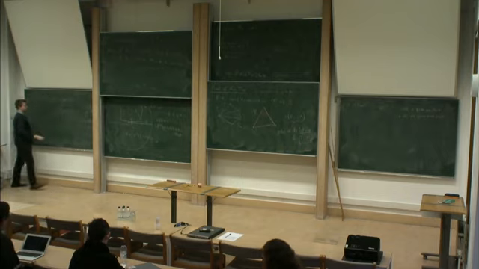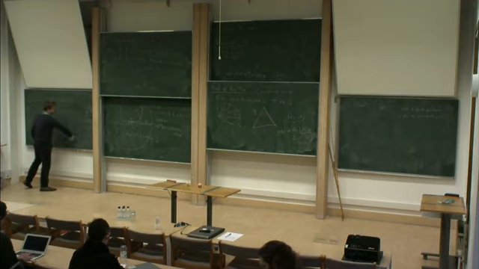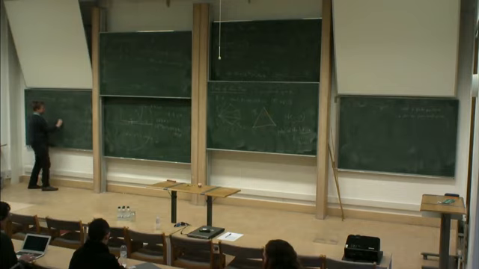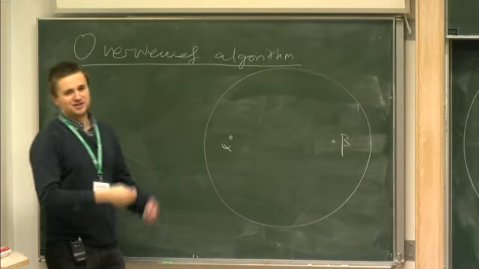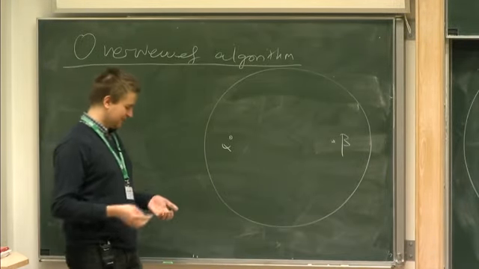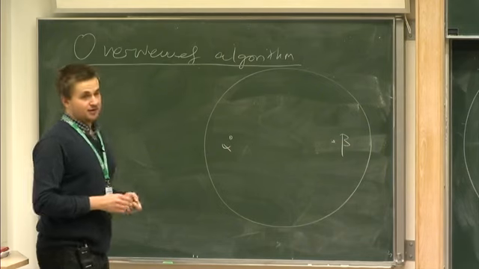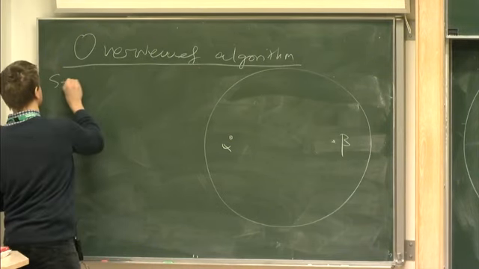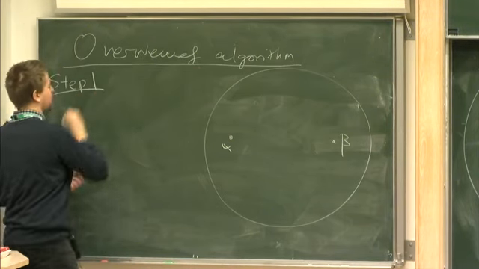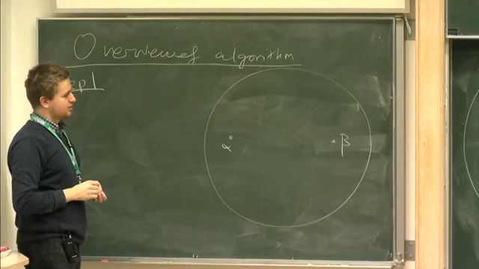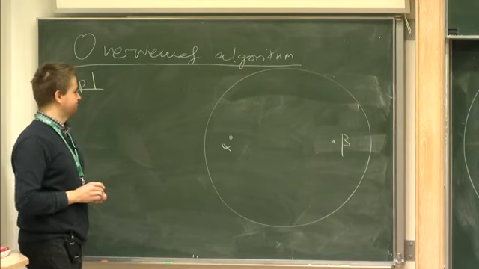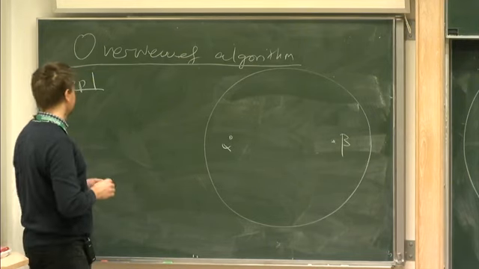Here's the curve complex, curve graph, and here's alpha, and here's beta, and we have no idea where they are or how far apart they are. And, well, how are we going to get a geodesic? Well, the first thing we do is compute a reparametrized quasi-geodesic from alpha to beta.